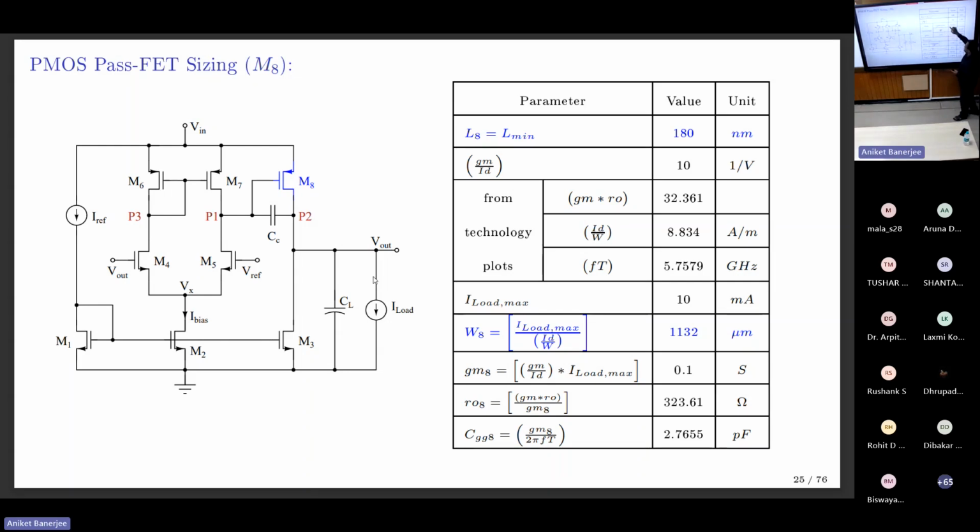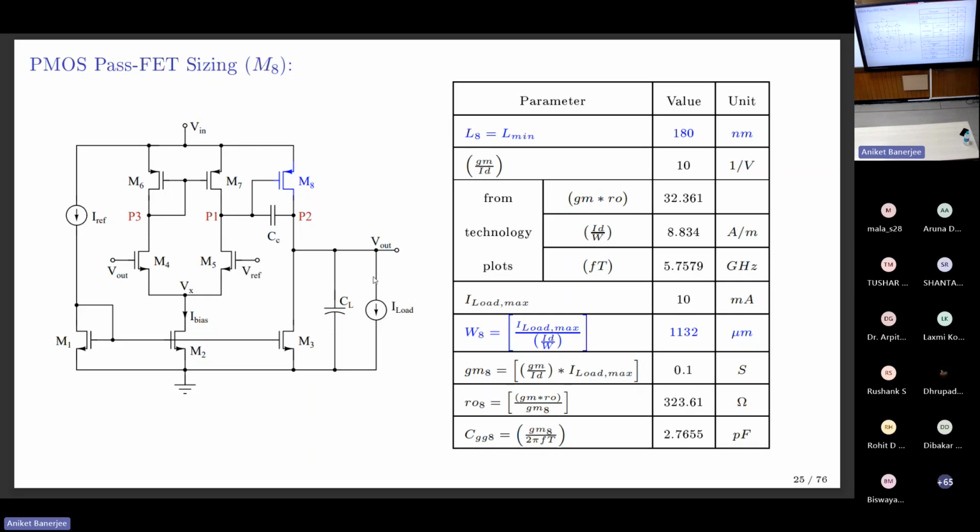From these three values taken from the text plots, I know GM, which I have calculated because GM by ID is kept as 10. GM by ID into current gives 0.1 Siemens. This is from the text plot, so there are no simulations at this point.